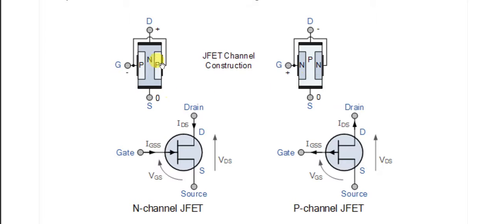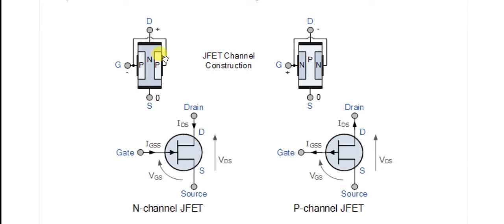We will discuss first the N channel. What we do is diffuse P type semiconductor material on the opposite faces of this bar, and we join these two P type regions with an ohmic contact and call it the gate terminal.